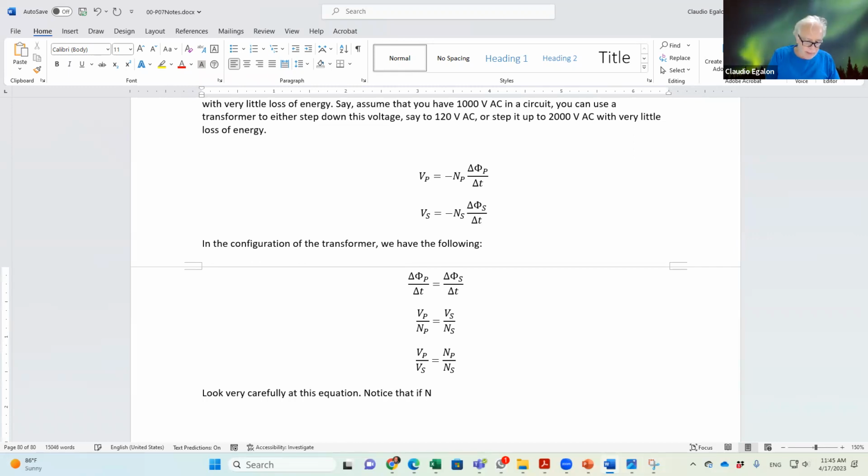Note that if NP is greater than NS, then VP is going to be greater than VS, right? Make sense? In this case, we say that the transformer is a step down transformer.